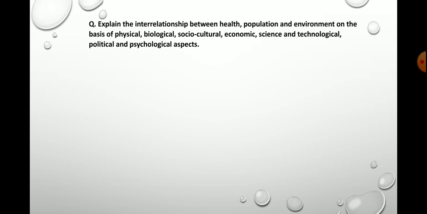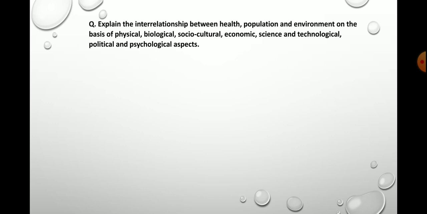Now for the subjective question, you have to read the interrelationship between health, population and environment on these 7 different aspects. I guess 2 questions are sure from here. There may be one option, but I have to give you 5 subjective questions, so among them, 2 questions are sure from this topic.